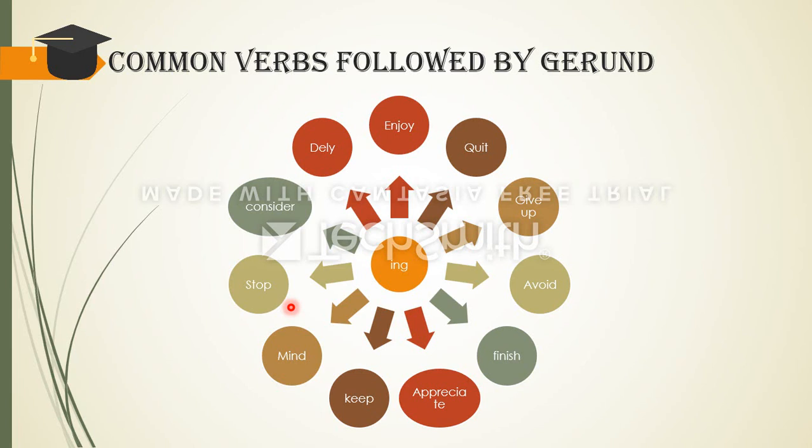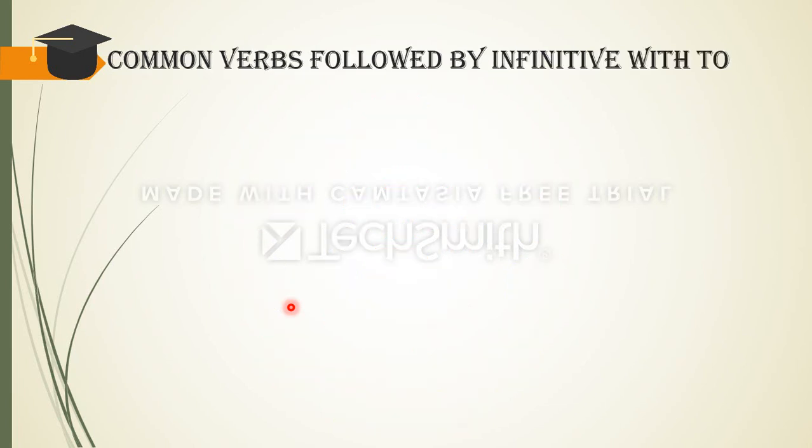He gave up smoking. Avoid listening to bad songs. Finish learning first. I appreciate you coming to my party. Stop using the mobile phone all the time. Consider revising your lessons every day. Whenever you have one of these verbs, you know that you should follow them by a gerund.